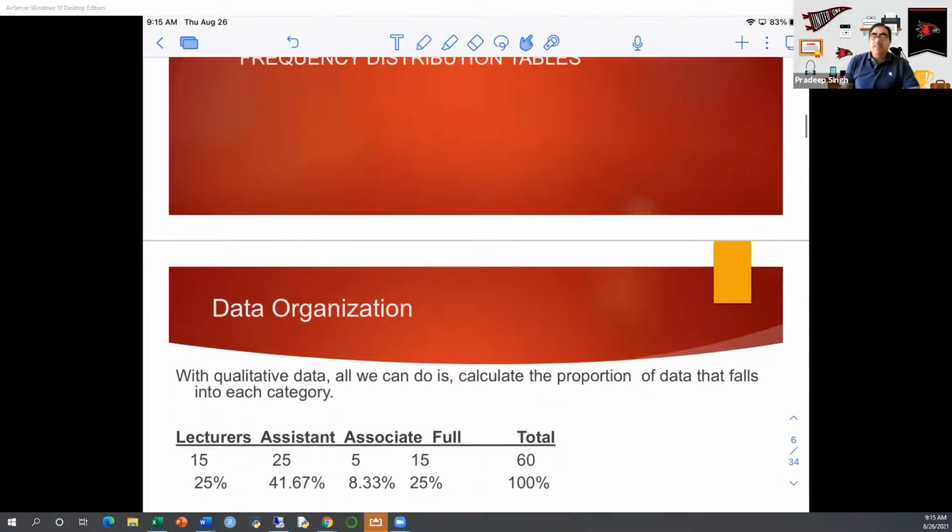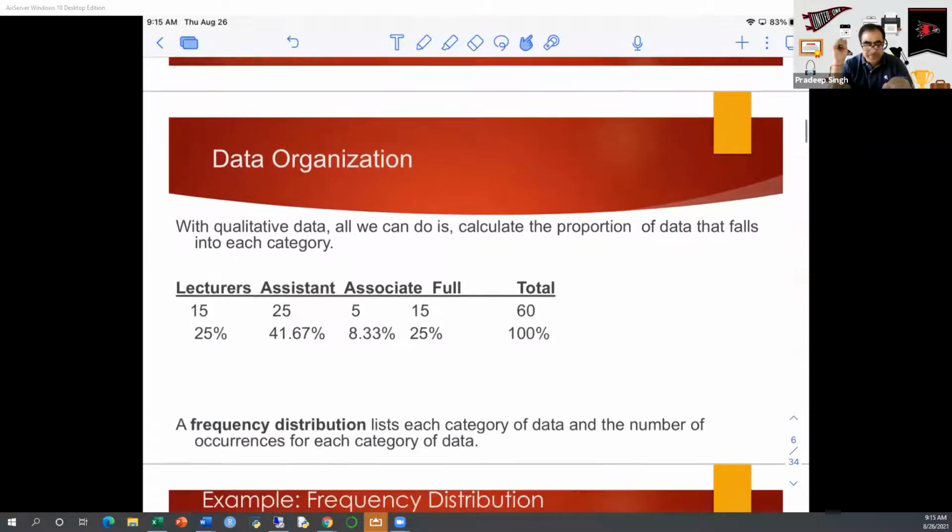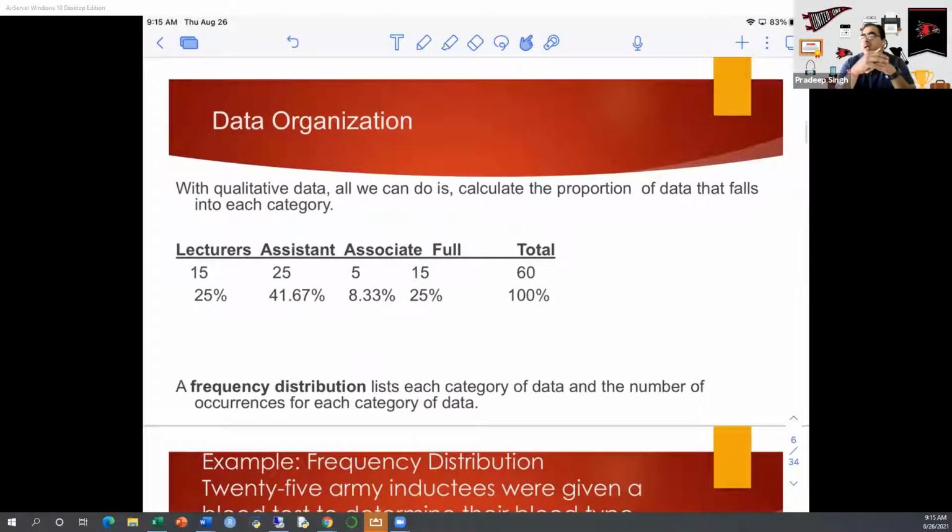So the next step is that once we have the data, you want to organize the data. If it is qualitative data, or if it is quantitative data, we can use a frequency distribution to organize this. Here you can see that we have different categories of faculty: lecturers, assistant professors, associate professors, and full professors.